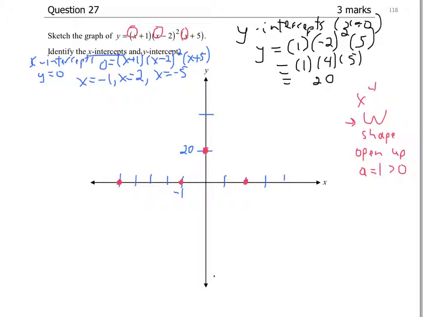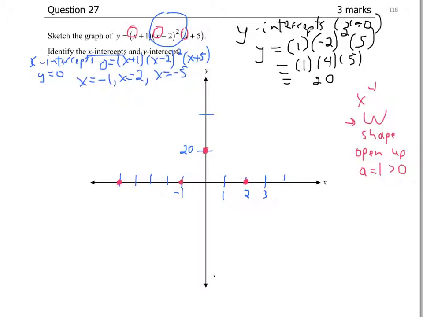What else is important about this graph? I think another important point occurs at positive 2. At positive 2, we'll notice up here that we have a multiplicity of 2. That means it doesn't cross the axis, it just touches the axis.